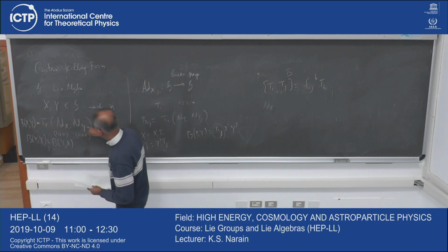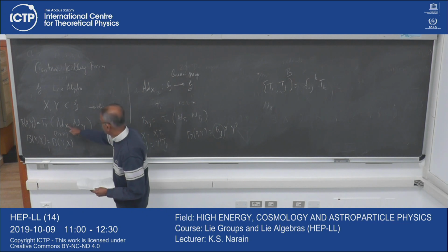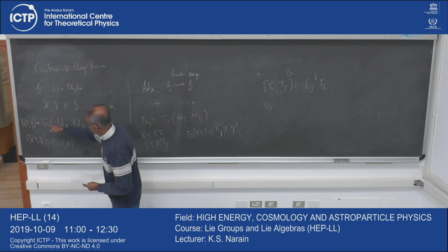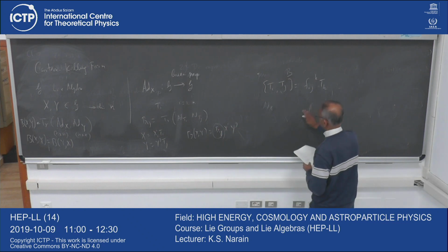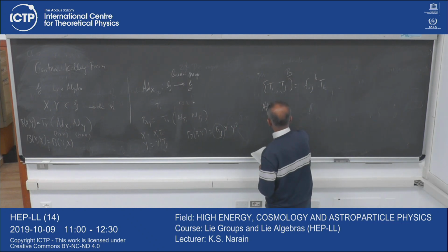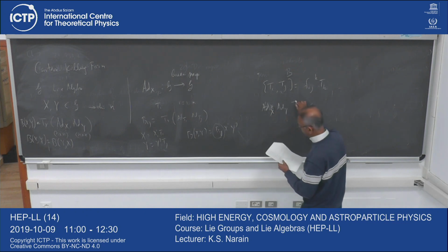It is acting on this basis, the T_i's. So let's apply this on this basis, and then to take the trace, I just take the diagonal components from there. So let's apply ad x, ad y on, say, T_i.